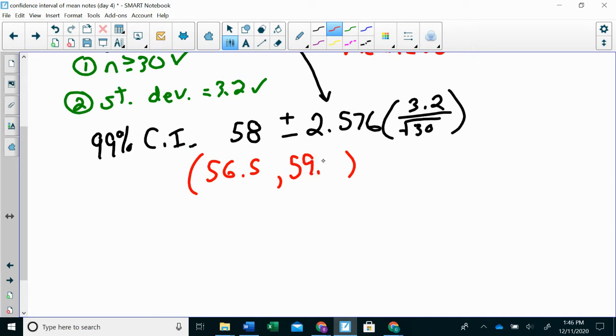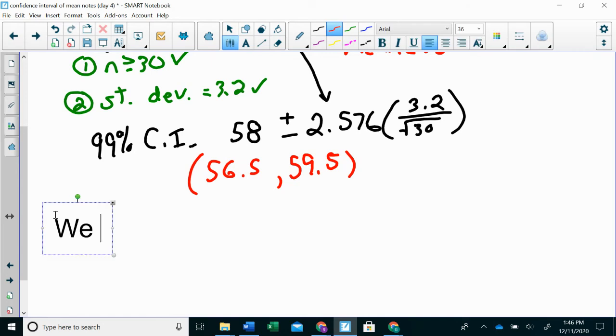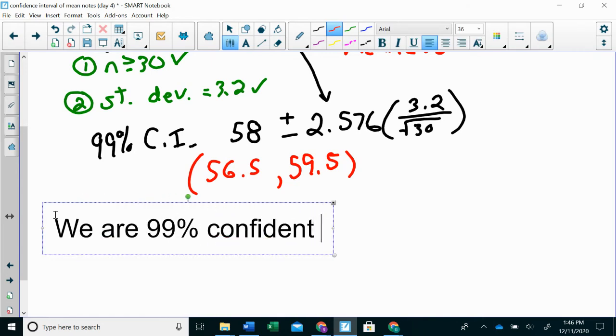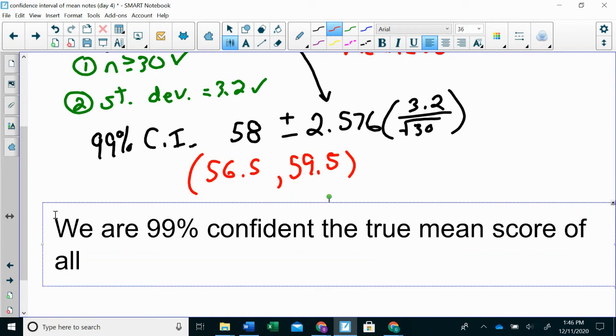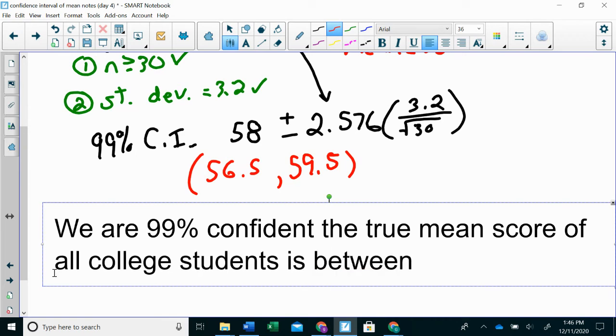Now we can make our conclusion. Our conclusion statement: We are 99% confident the true mean score of all college students who took this test is between 56.5 and 59.5.